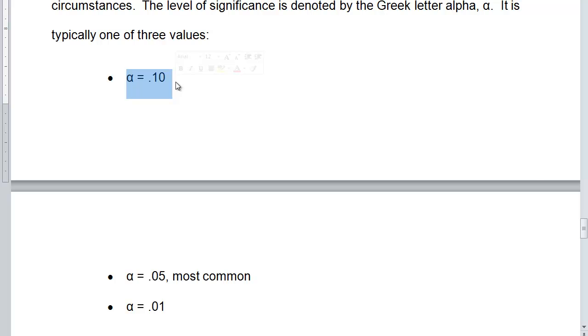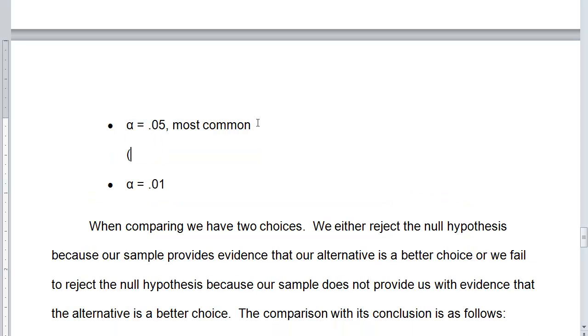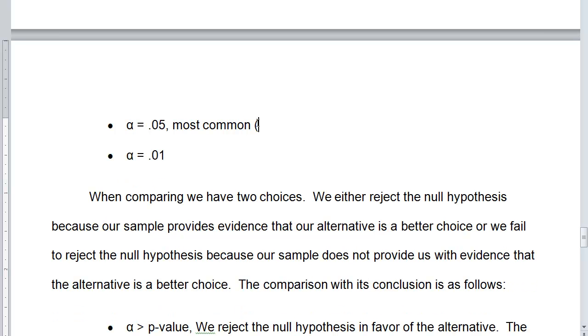For my class, most common in many disciplines is alpha is 0.05, and I hope that you can see the reason why that's the most common there is that it's 5% of the population. And so if 2 standard deviations is 95% of samples, then 5% of samples would be considered extreme.